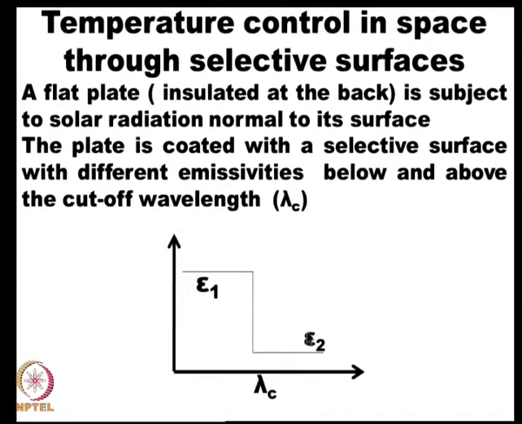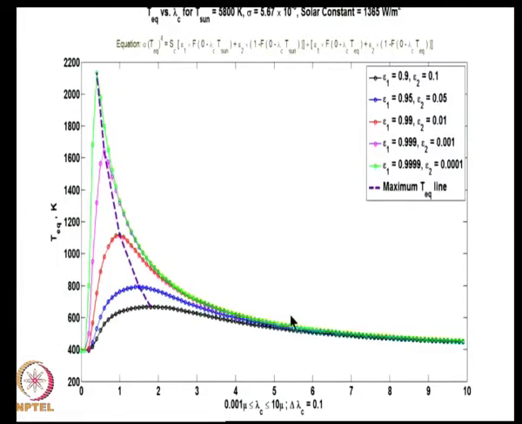So, if this can be kept very low, you can reach as high a temperature as you can. As said, theoretically the temperature you can reach is about 5800 degrees Kelvin, which is the sun's temperature. You cannot exceed the sun's temperature, because if you did, you would violate the second law of thermodynamics.